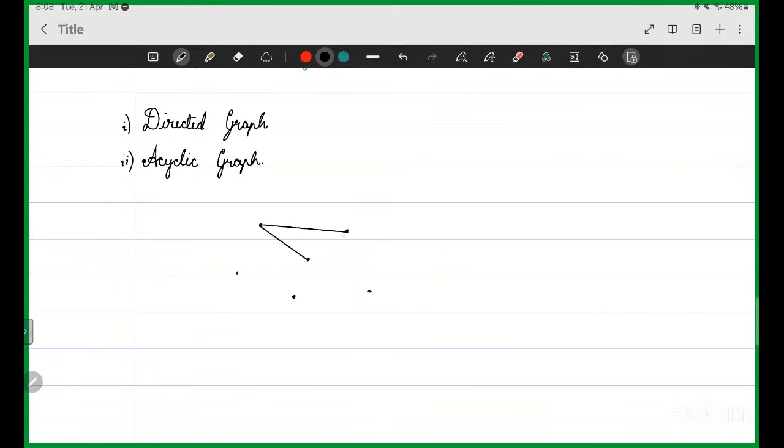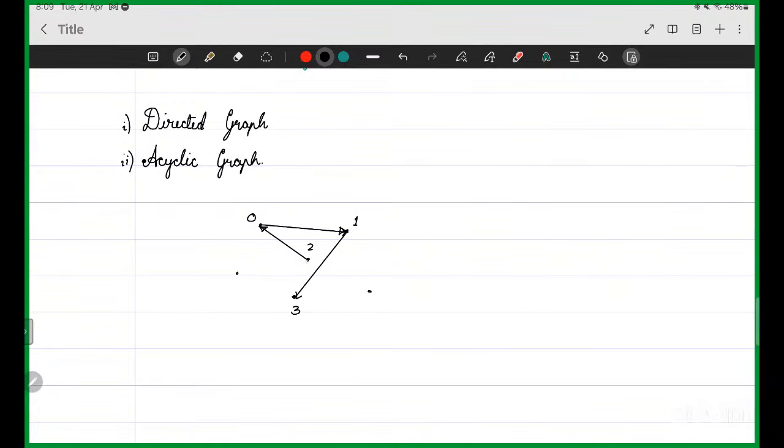And if the edge comes along with the direction, let's say something like this, each edge not only tells you what two vertices it is connecting, it also tells you from which vertex to which vertex. For example, there is an edge from 0 to 1, there is an edge from 2 to 0. There is no edge from 0 to 2 in what I've drawn.